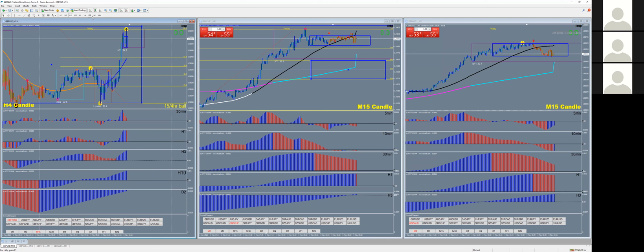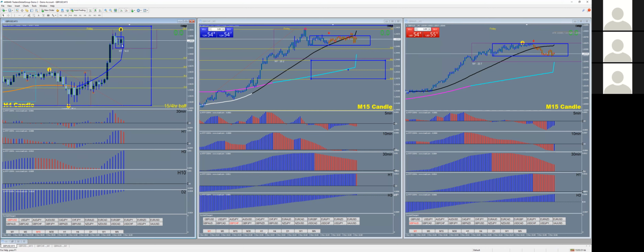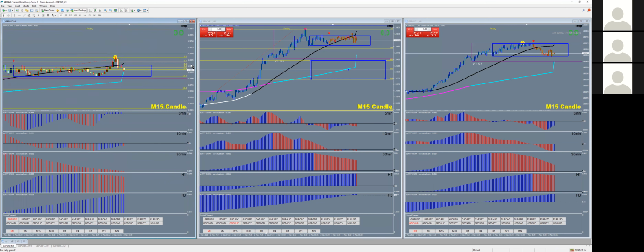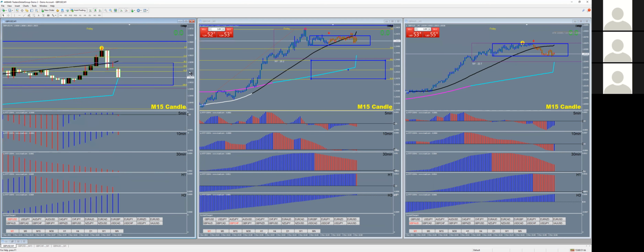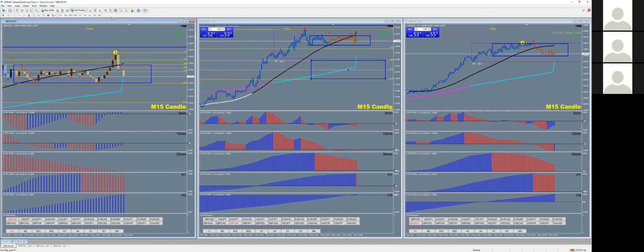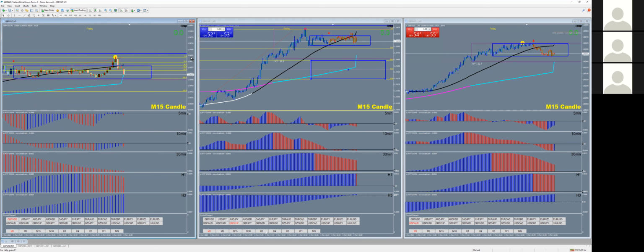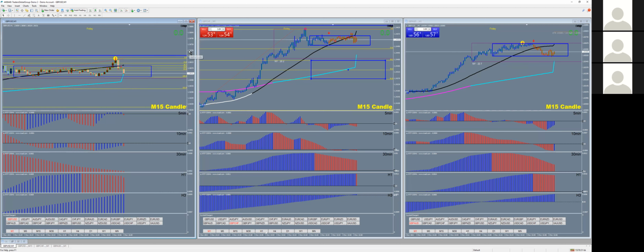Let's look at this pound dollar. It's peeking out. We got a good candlestick formation. Yeah, it's in sync in the 1 minute chart. Yeah, everything's in sync.